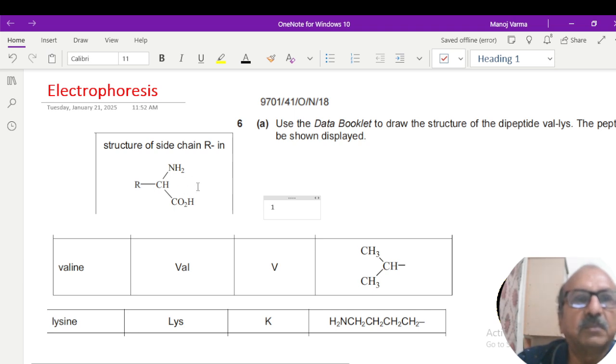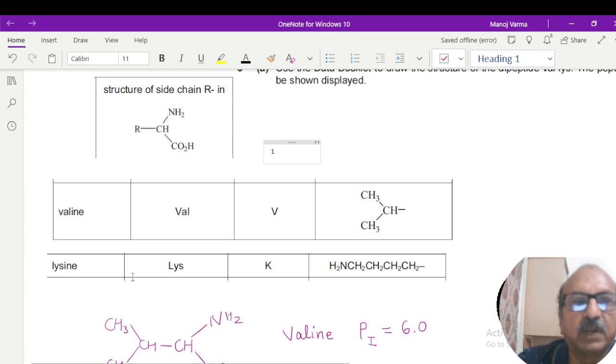This is the general formula of the amino acid, and R is the side chain, and the side chain in valine, VAL is the abbreviation, is this part, isopropyl group, and for lysine, the R group is this group.